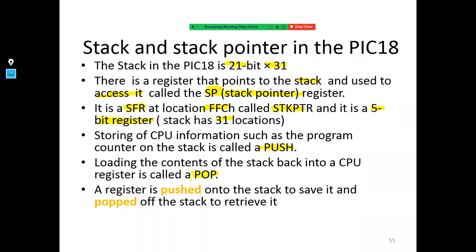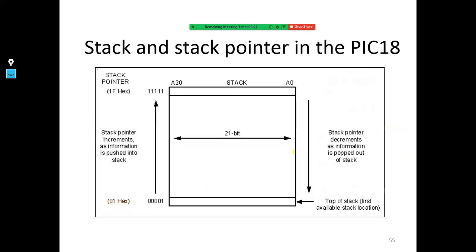So we can push an address to the stack memory, or we can pop an address from it. This is how it works. The stack memory has 21 bits, from A0 till A20, and the levels from level 1 till level 31.